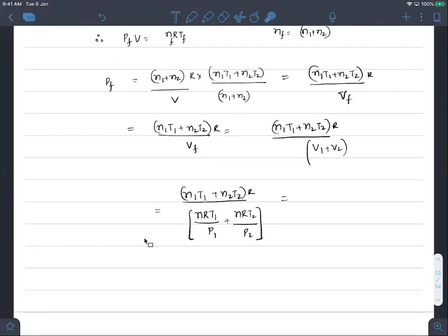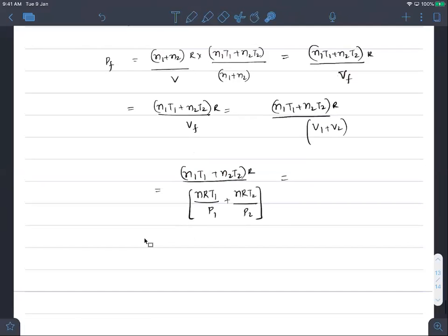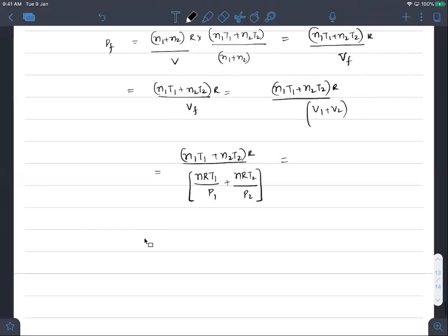So if you check N1 and N2, I can write in terms of nRT, PV by T here. Either you write it in this way, or since both the volumes are the same, you can just write 2 here and take that out. So you will write this in terms of volumes or in terms of number of moles.